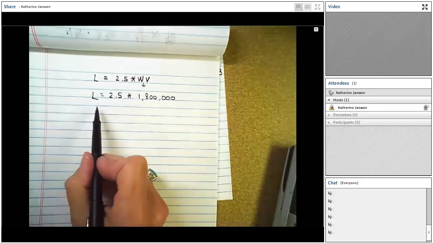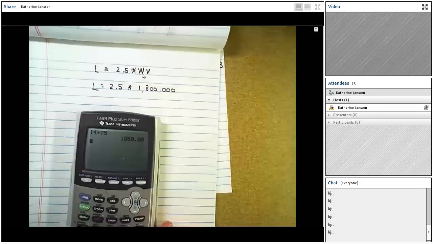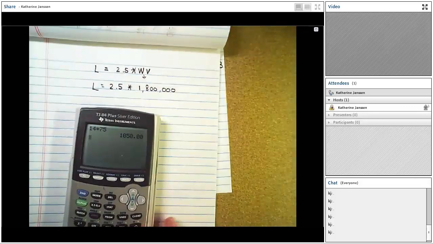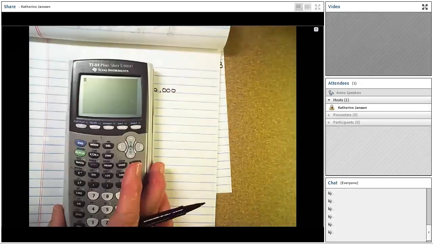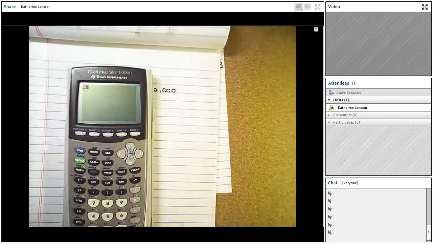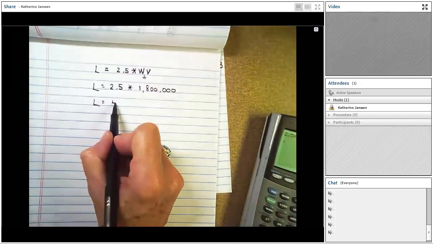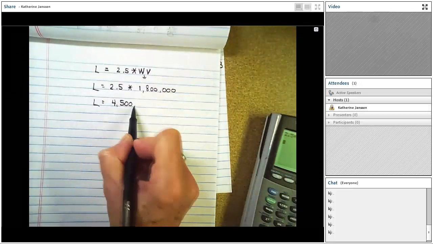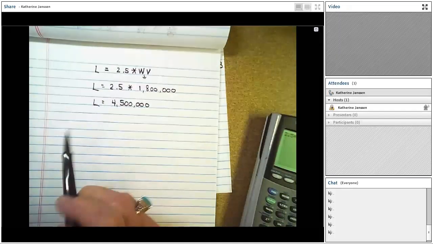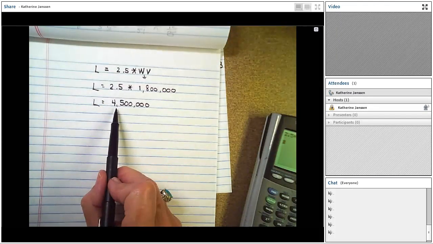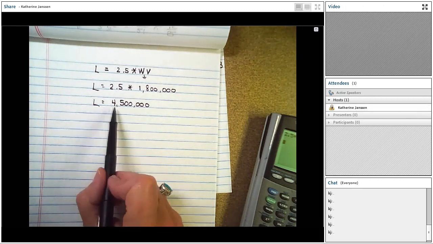And solving, I have Louisiana's population is equal to 2.5 times 1,800,000, which is 4,500,000. So the population of Louisiana is about 4,500,000.